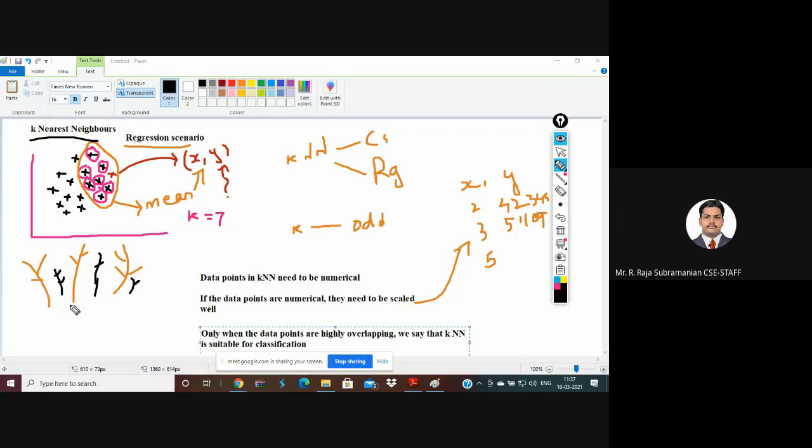Why I say k nearest neighbor is much suitable is that it will not consider anything as outliers or omit any data points. But you can ask me a question: if the data set contains many outliers, then I myself will say don't use k nearest neighbors, because if there are many outliers, first we have to do outlier reduction.